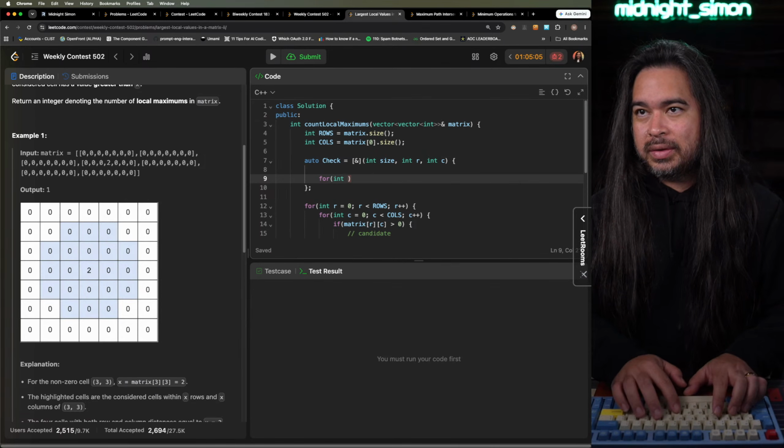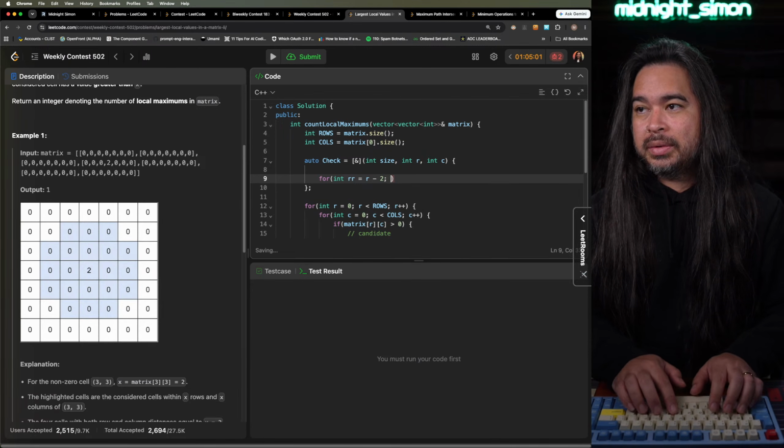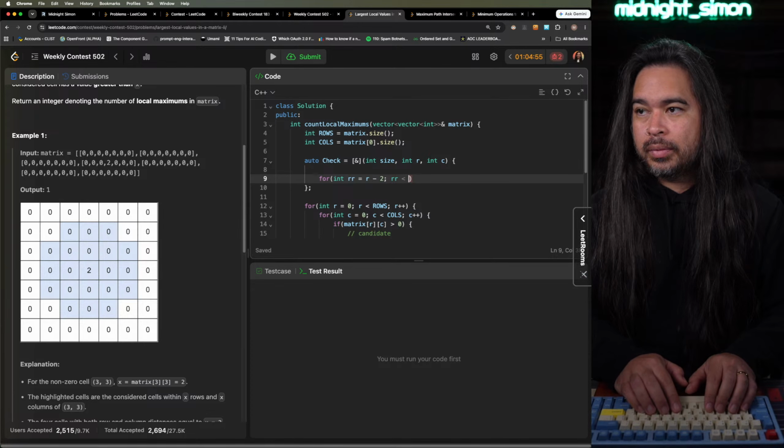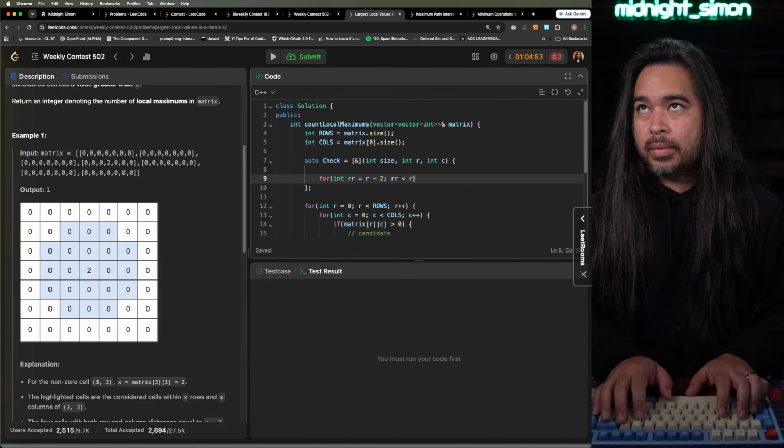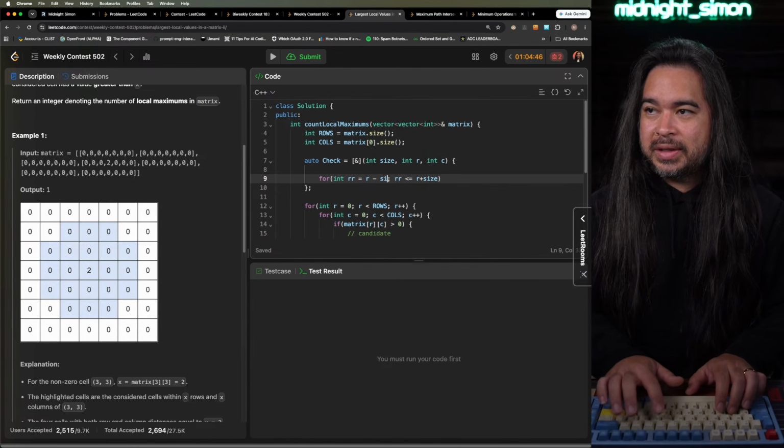Oh, this is row minus 2. Oh, this is size, not 2. Row minus size.